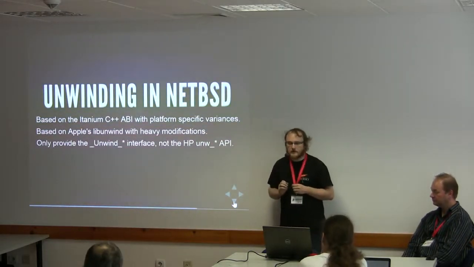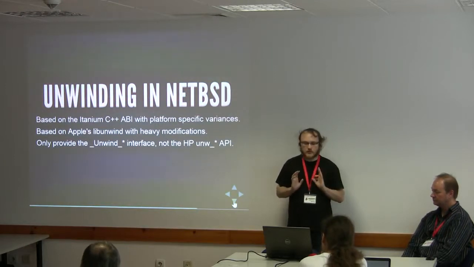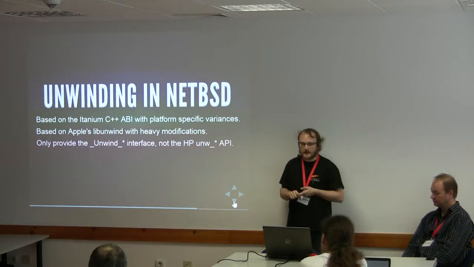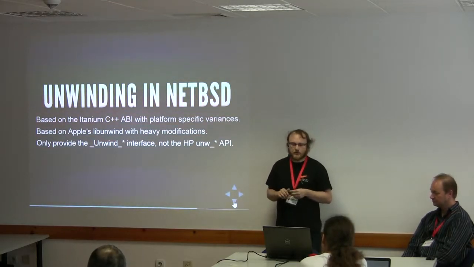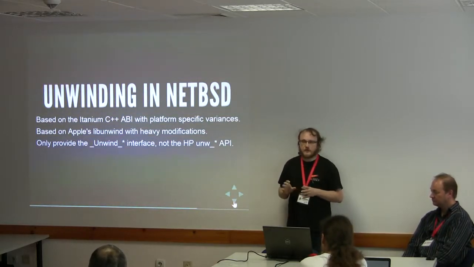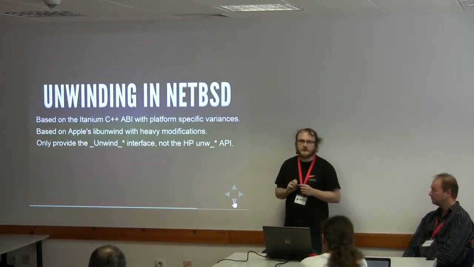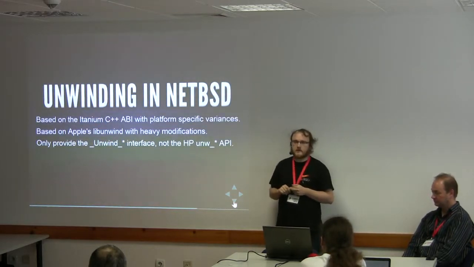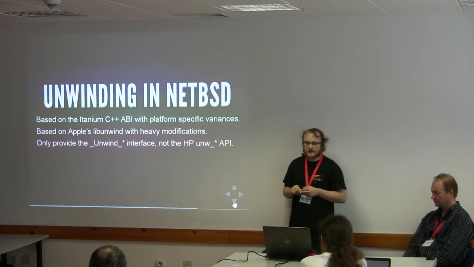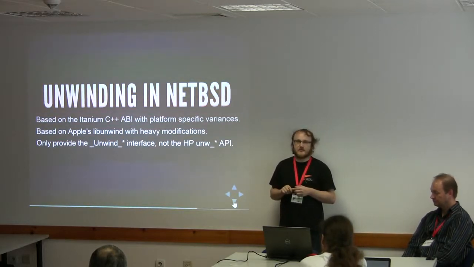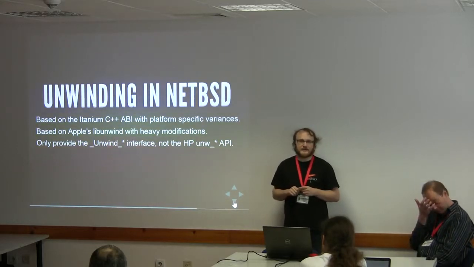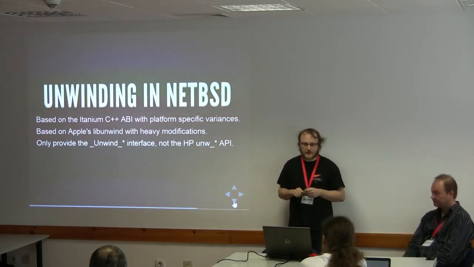So for NetBSD, ideally we want to have the Itanium-based C++ ABI on all platforms. There are some variations, for example, how type pointers are stored and so on, but those are relatively small. What we are using is Apple's libunwind, but so heavily modified you will likely not want to run a diff against the original version.